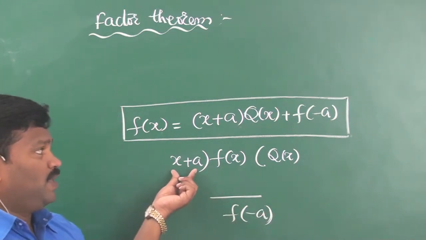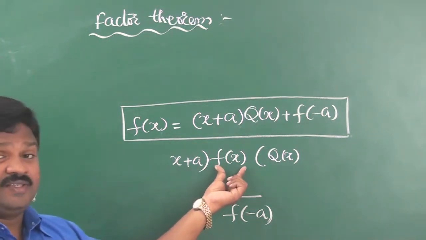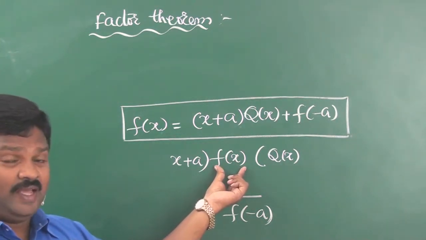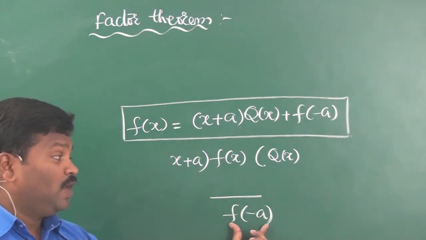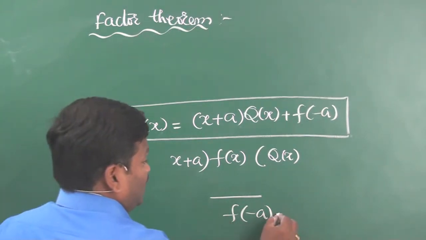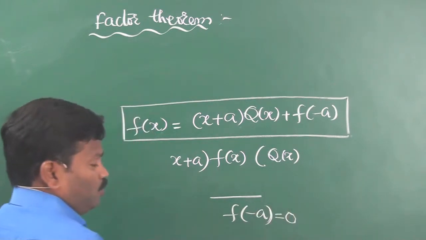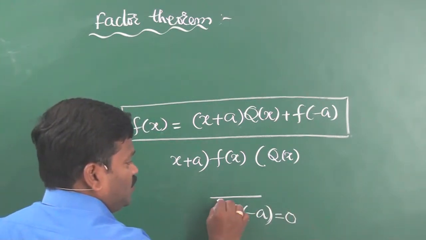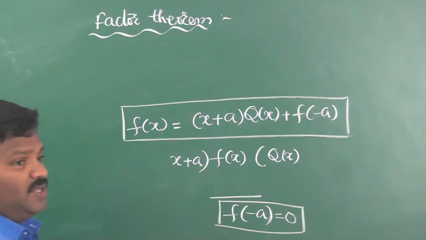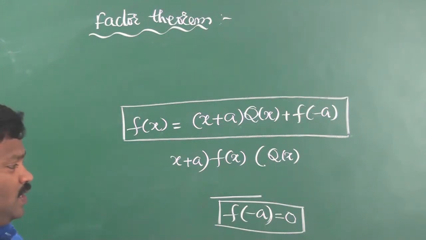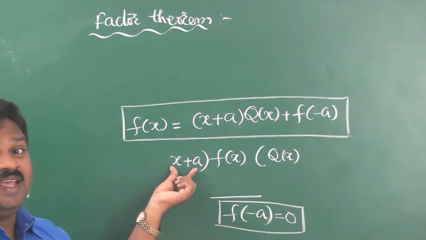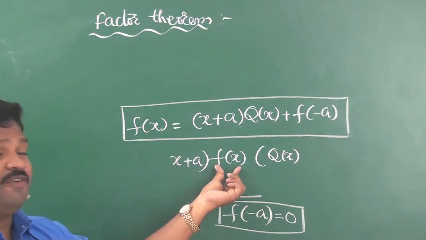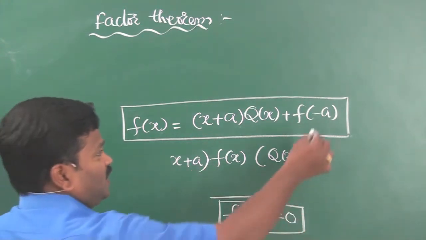Is x plus a a factor of f of x? No, since f of minus a is the remainder. If f of minus a is equal to 0, the remainder becomes 0, then x plus a is a factor of f of x.